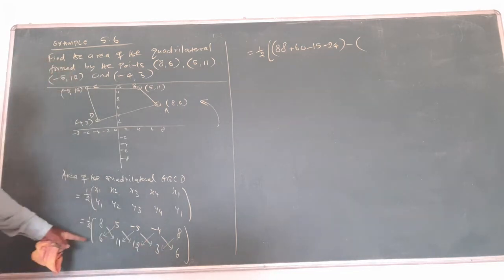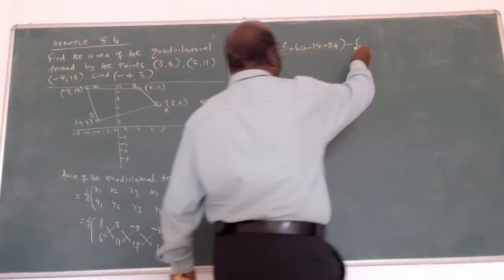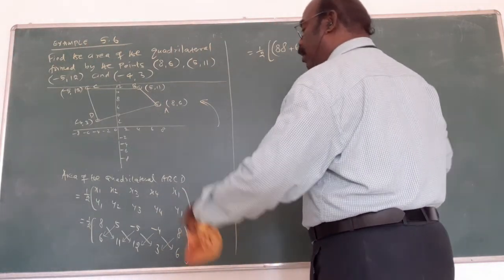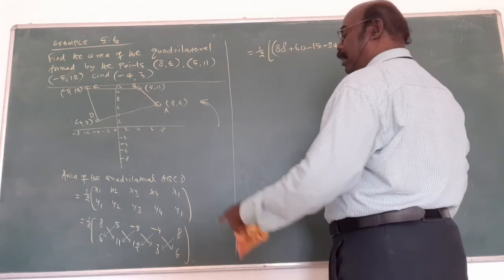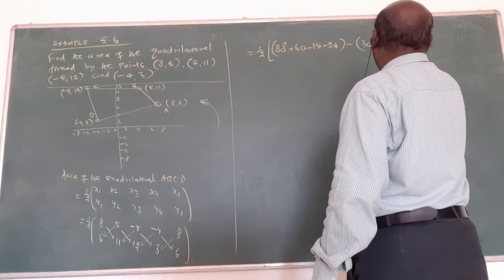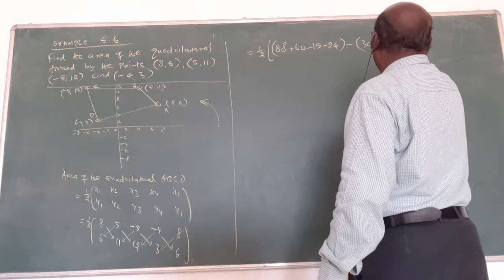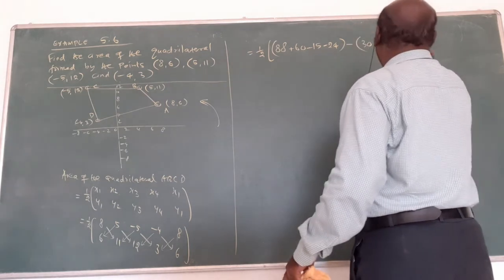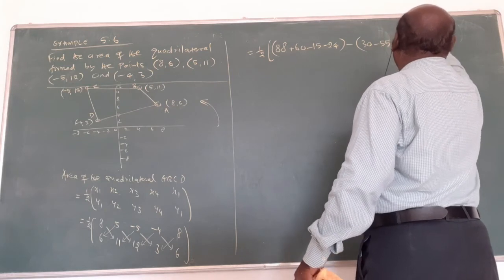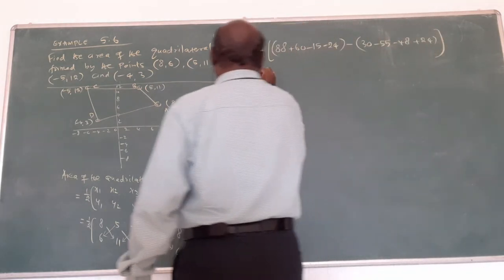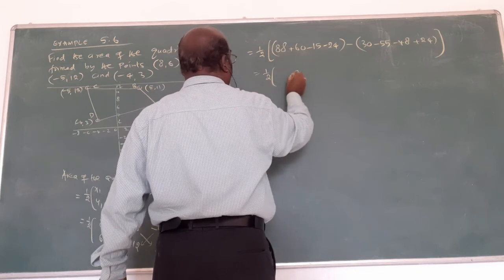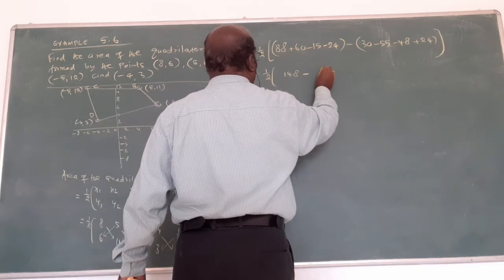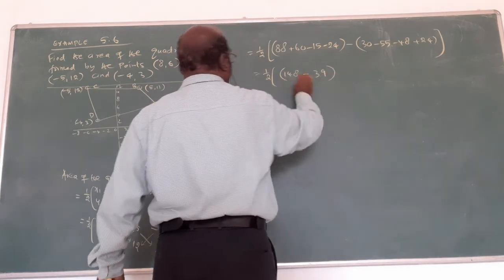Okay? 6 5s are 30. Next, minus 5 11, minus 55. Next, minus 48. Again, let's do it. Now, 1 by 2. Adding both are positive, no? 88 plus 60 is 148, minus 9, 39.